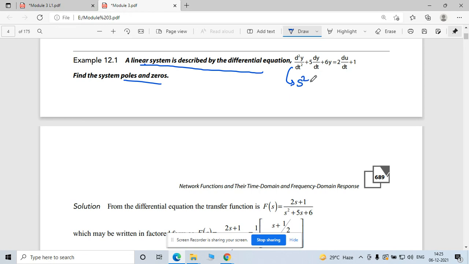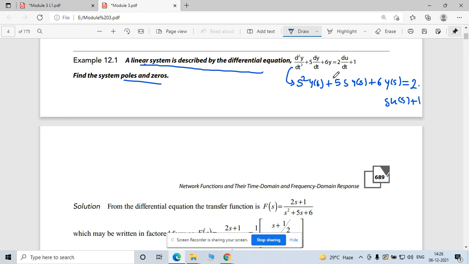So this is nothing but s square Y of s plus 5 s Y of s plus 6 Y of s is equal to twice U of s plus 1.